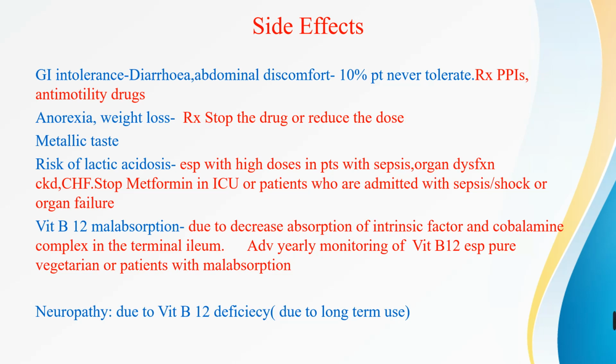So in these patients we can reduce the dose or we can put the patients on proton pump inhibitors or antimotility drugs, and if these patients recover with these PPIs or antimotility drugs, metformin can be continued. Otherwise, if a patient has persistent diarrhea and abdominal discomfort despite this treatment, then we should stop and switch over to another anti-diabetic drug.